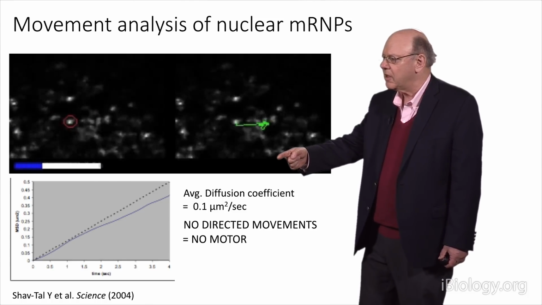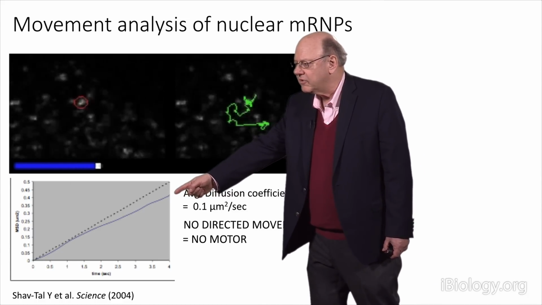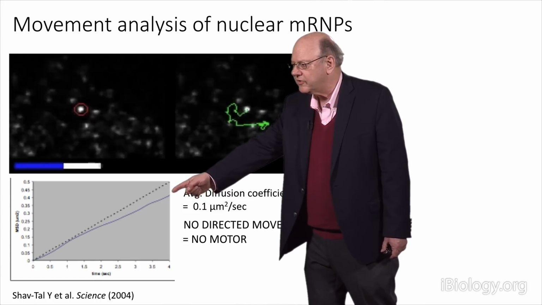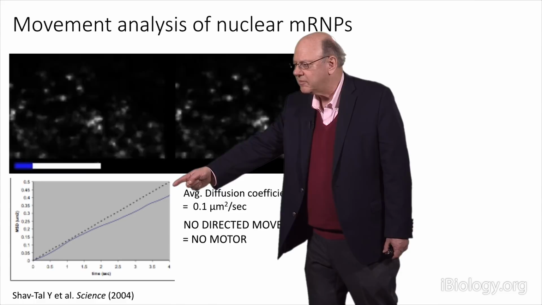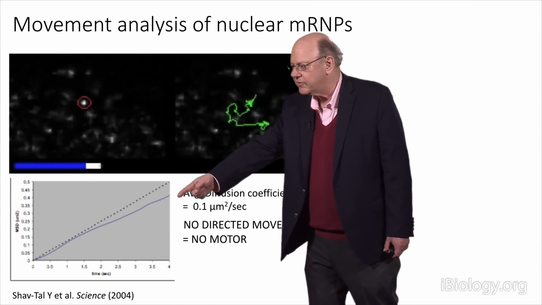And if it's a straight line, then what you get is evidence for diffusion. And in fact, they do follow a straight line, and only after a certain amount of time do they deviate a little bit from a straight line. That's known as anomalous diffusion.